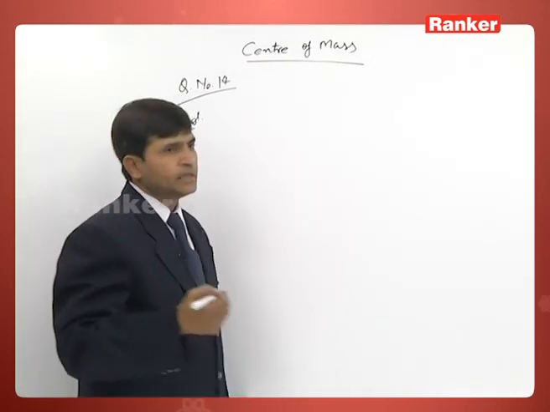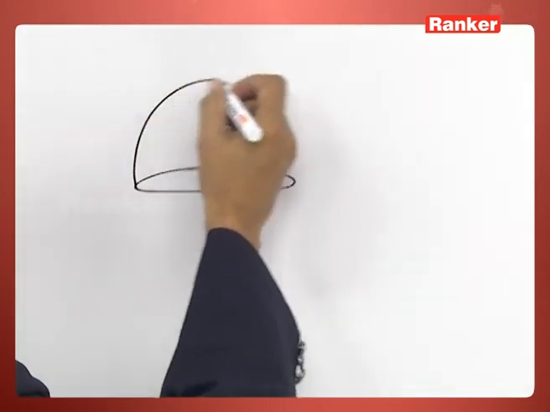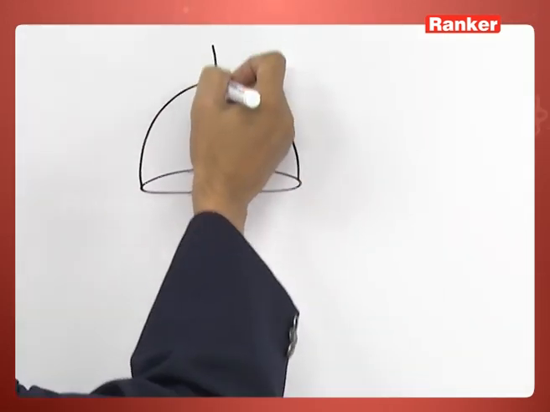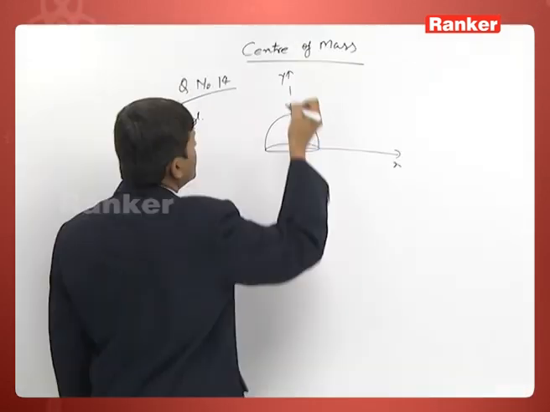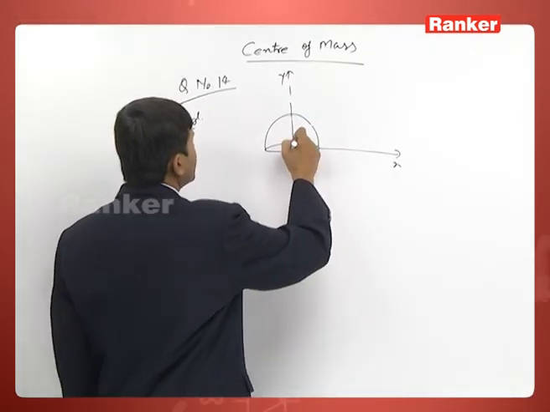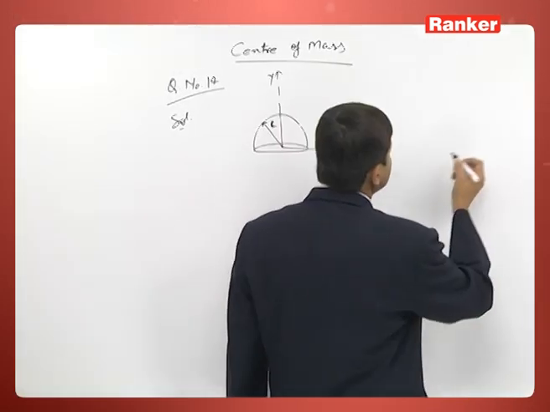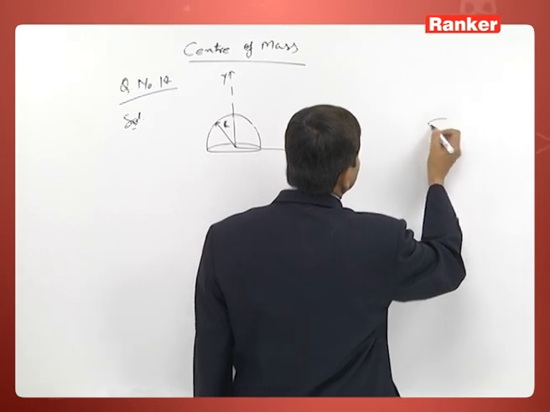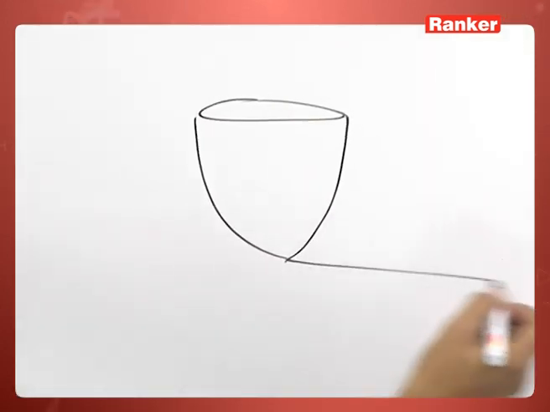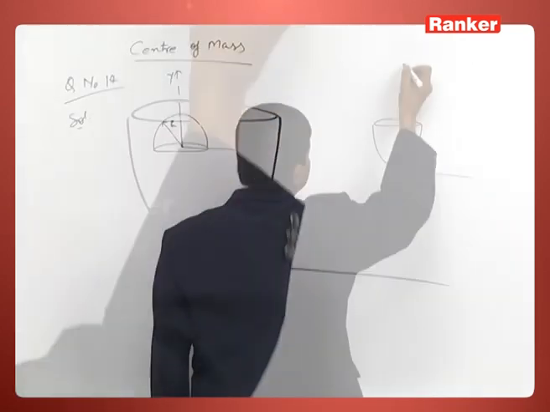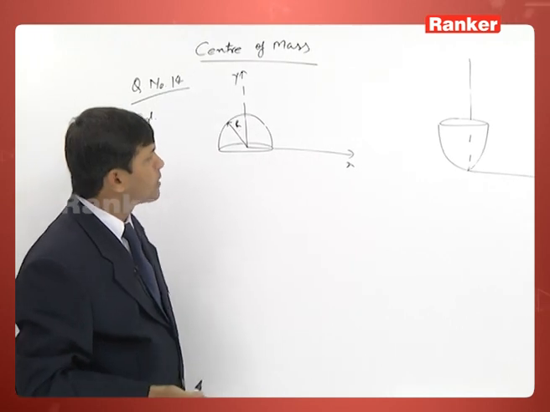Let a hemispherical bowl be kept like this, with radius R. Now, if the same bowl is kept inverted in this manner, they are asking what is the shift in the position of the center of mass.